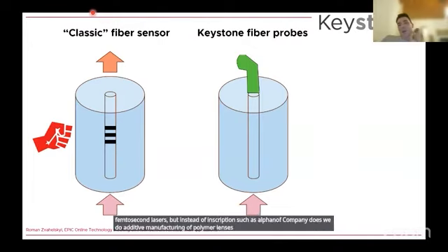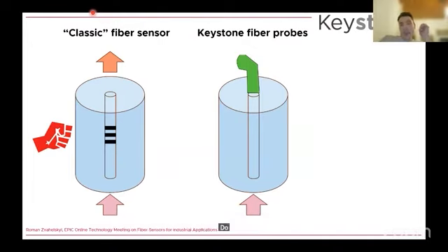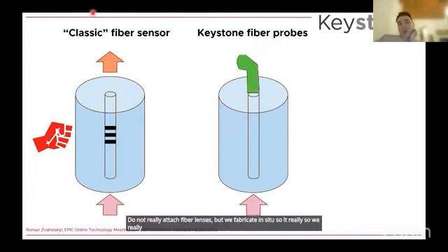And we do not really attach lenses to fibers, but we fabricate in situ. So we really detect cores of fibers and fabricate polymer micro-optics in situ and use them as sensing devices.